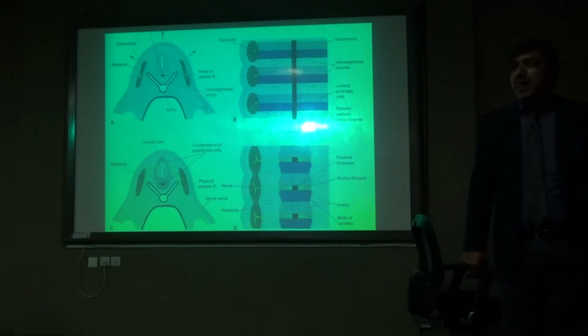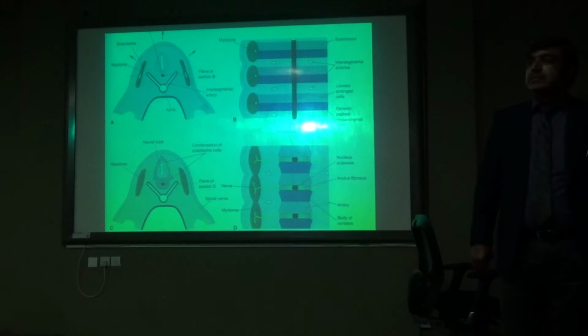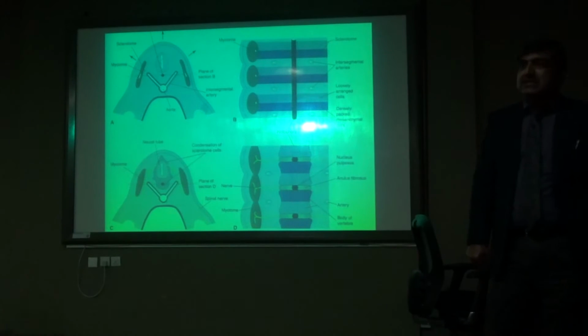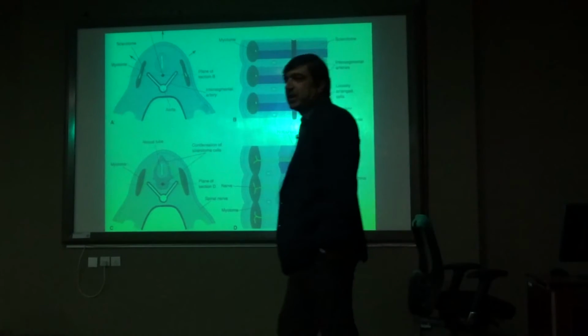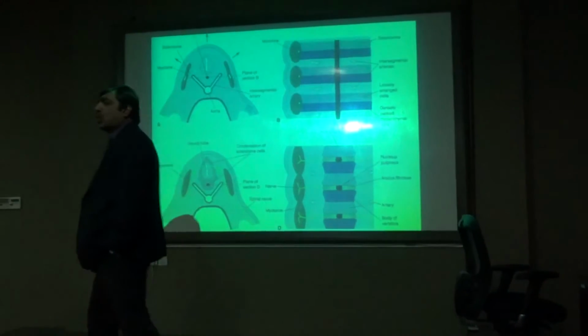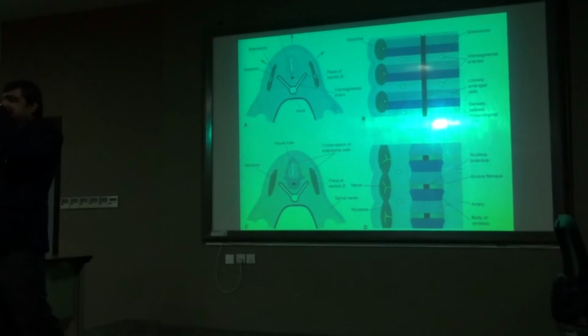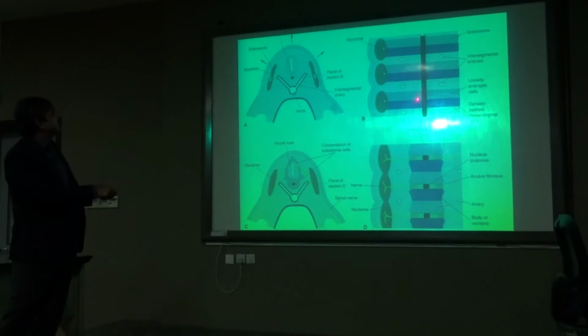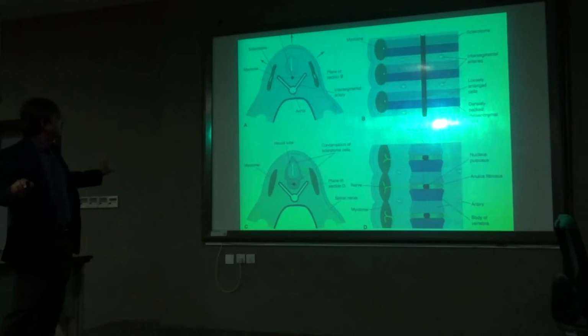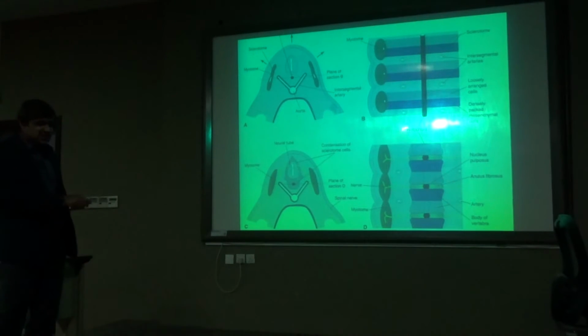If the nucleus pulposus is the remaining part of the notochord, that means the notochord is not completely degenerated. Yes. I said loudly that the notochord is degenerated completely, but a small portion remains. All other portions of the notochord have disappeared, degenerated, but a small portion remains.